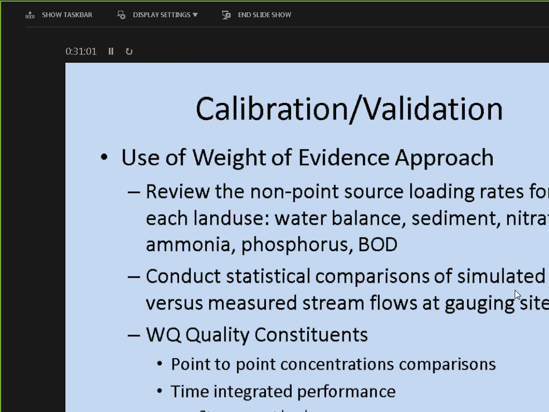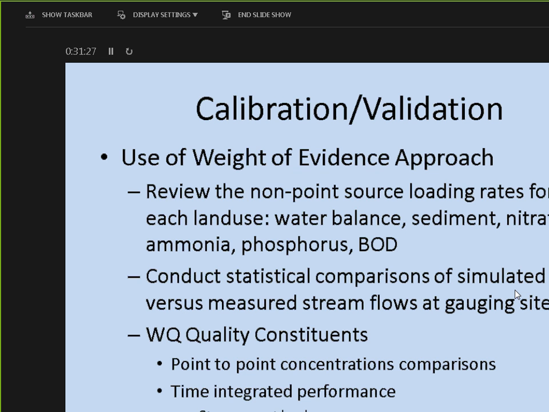So we use the weight of evidence approach for each land use, and we try to calculate the water balance, how much sediment, nitrogen, phosphorus, BOD is coming off of per acre of each land use, and make sure they're realistic. And then we do some statistical comparisons on the flows, and obviously for water quality constituents, we do point to point.